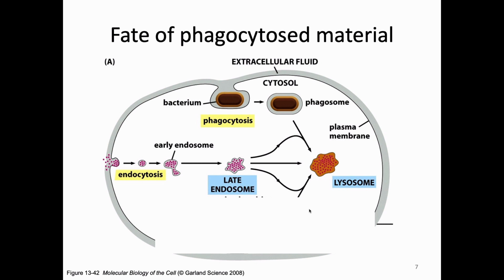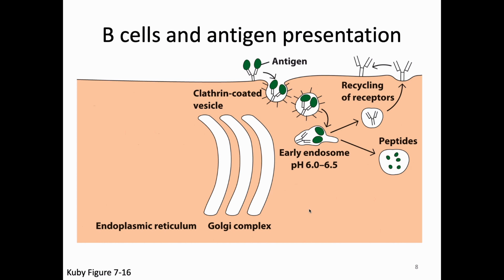B cells will bring in something that will end up on MHC Class II via a process that's known as receptor mediated endocytosis.